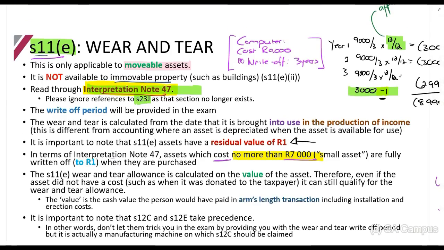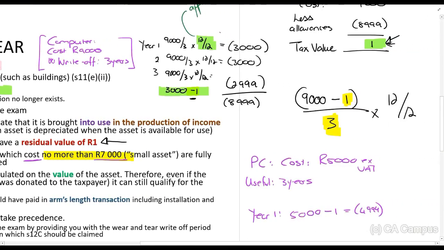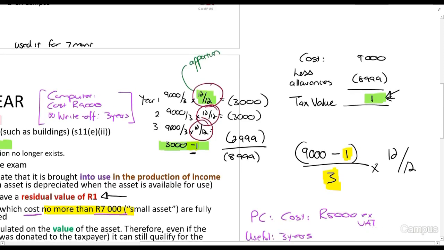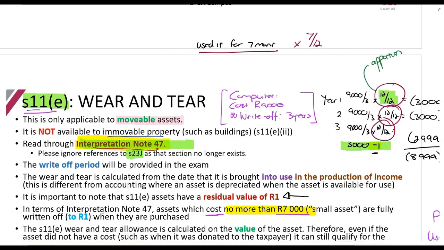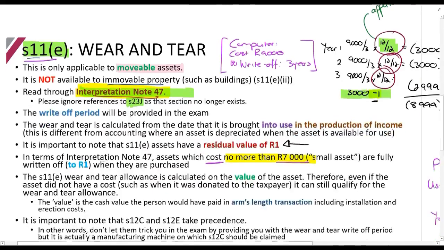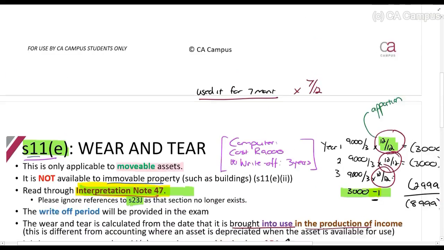Then, our next rule. This rule about this apportionment that we spoke about here. So how do you apportion it? Right, if I said here you use it for 7 months, you say times 7 over 12. Now, what is important for you to understand here? In financial accounting, you start doing your depreciation from the moment that it is available for use. So even if you're not using it, if it's available for use. But for tax purposes, it is only when you are bringing it into use in the production of income. So what does that mean?